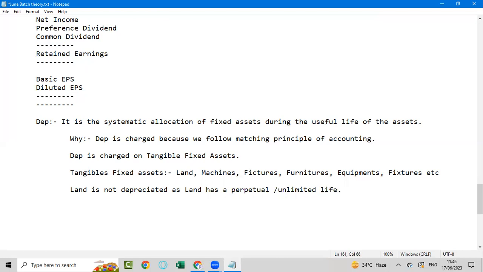You can write it like this. So if you want to depreciate something, you should know the life of it. So when there is unlimited life, we cannot depreciate it. Clear? Noted.